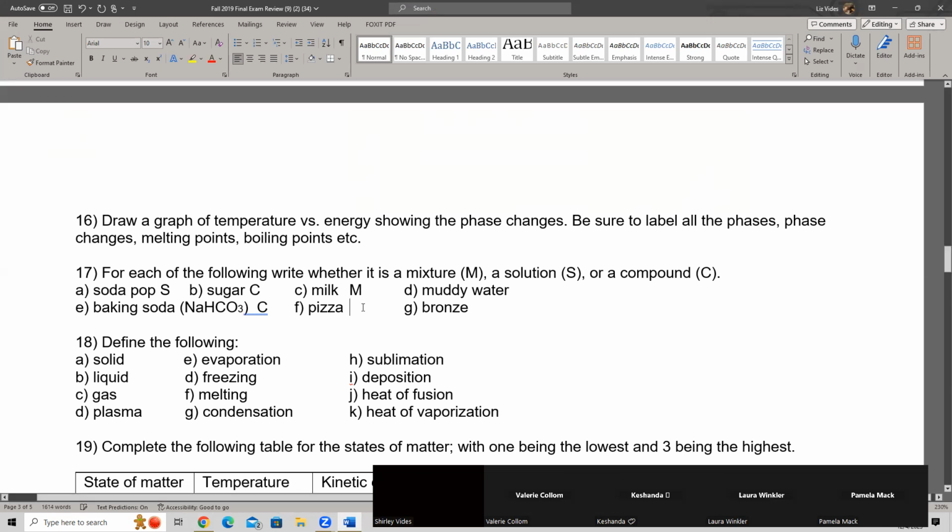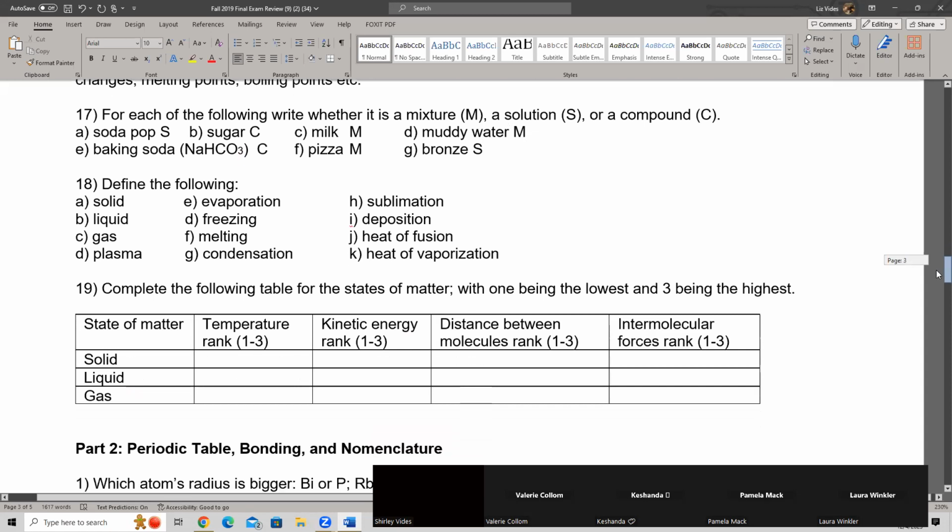Pizza, definitely a mixture. Muddy water, that is a mixture, a suspension actually. And bronze, that is a solution. Why is it a solution? Because they are not combined completely, but they are very homogeneous. All right, so this definition, that's up to you.